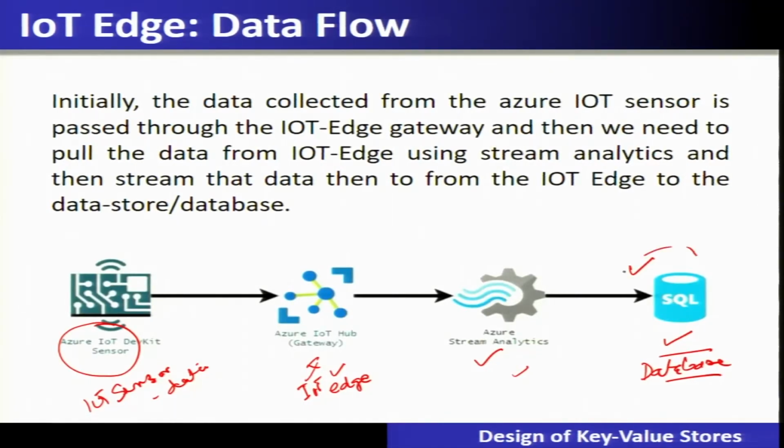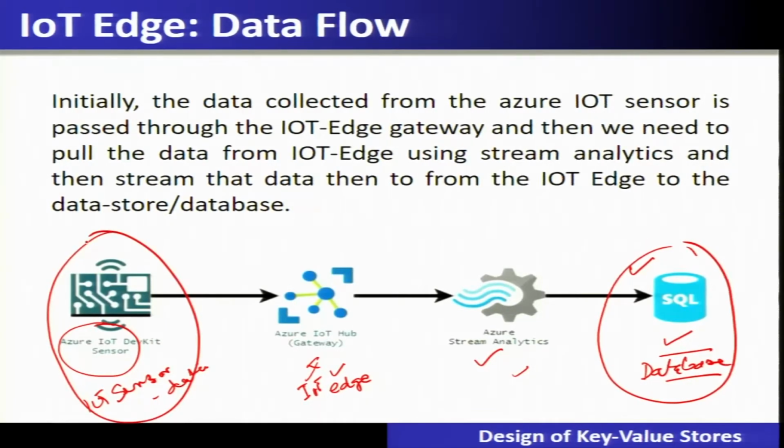Therefore, for every IoT system, you may require an appropriate data store or database, and we have shown you the IoT sensor through the IoT edge. In this example, we have taken Azure IoT Hub, which has an edge offering also.